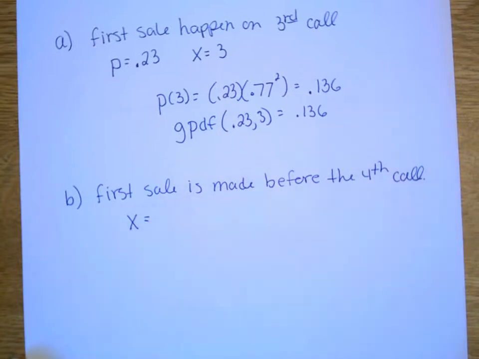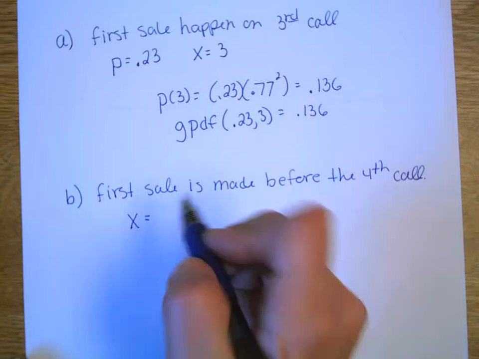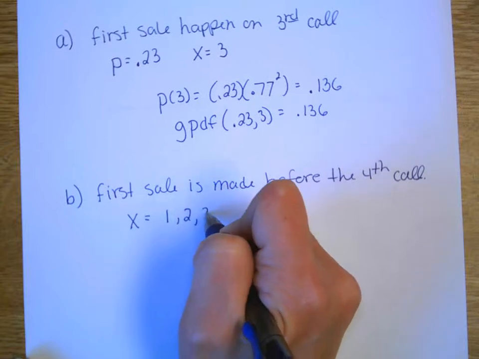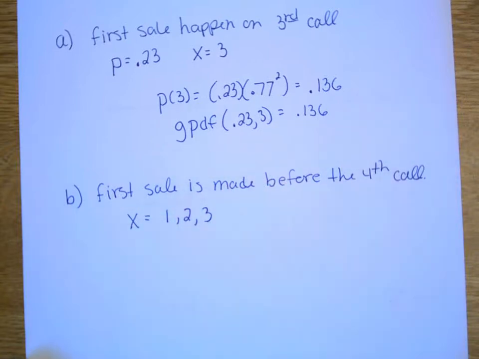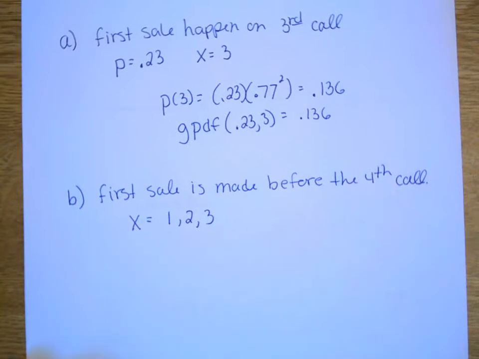So where are we looking for this first sale to happen? On which calls? 1, 2, or 3. So we're looking for the probability that it happens on the first call, or the second call, or the third call. So we could use the PDF, find all 3 of those, and add them together manually. But we've got that nice little CDF which adds for us.